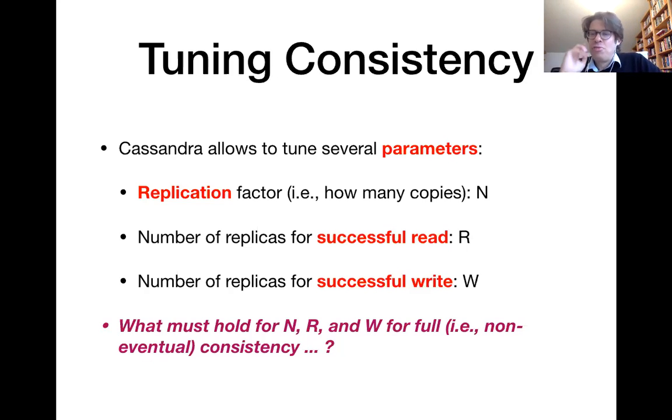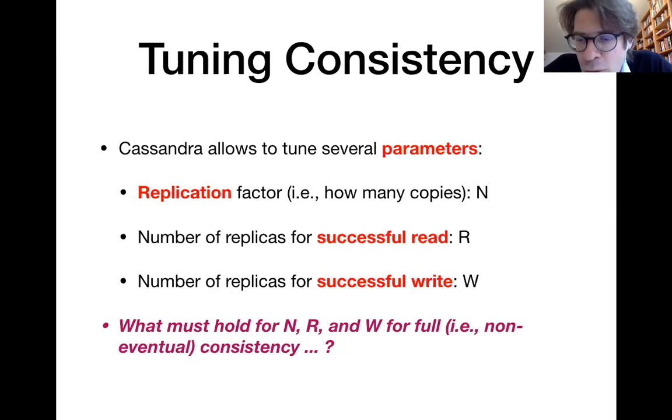Okay, good propositions here. There's the proposition to set the number of replicas, the replication factor, to the number of writes, which essentially means that in order to consider a write a success, I have to update all of the replicas in my system. So that is absolutely correct.